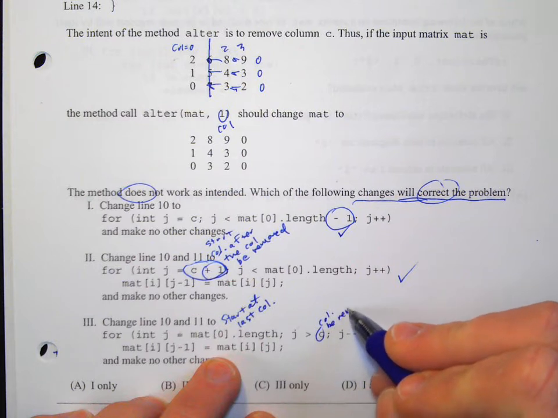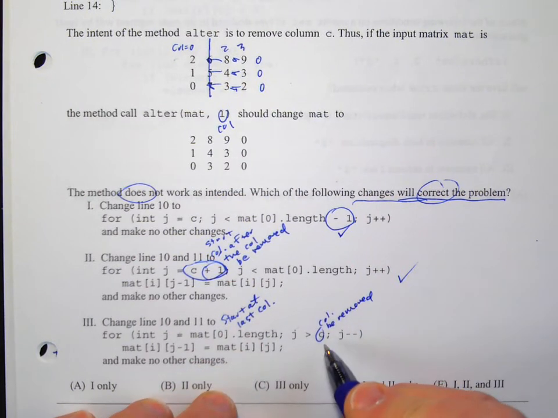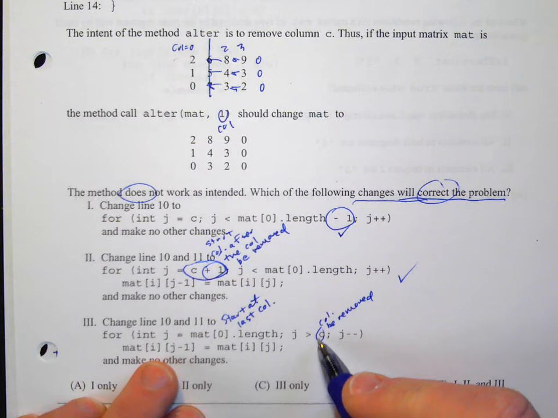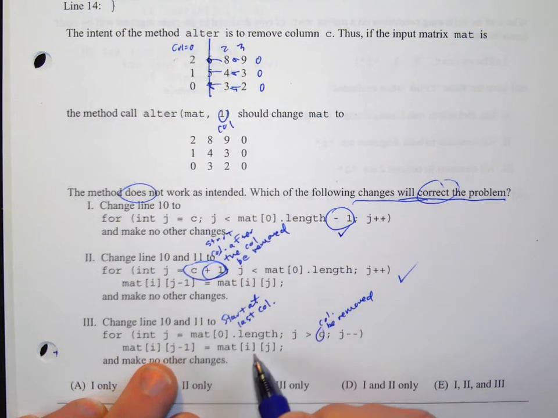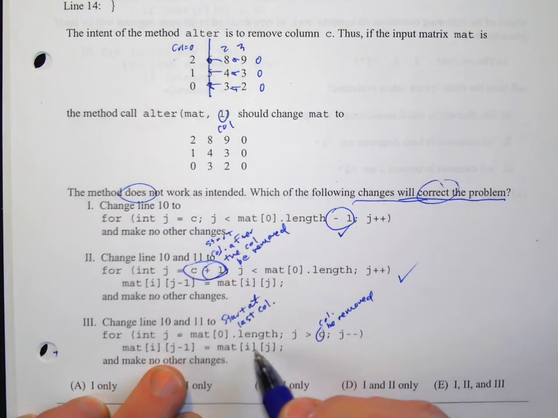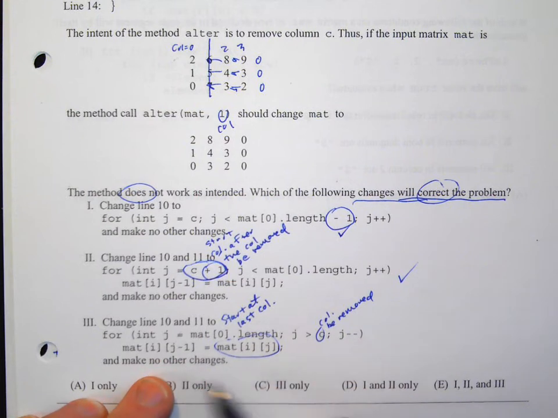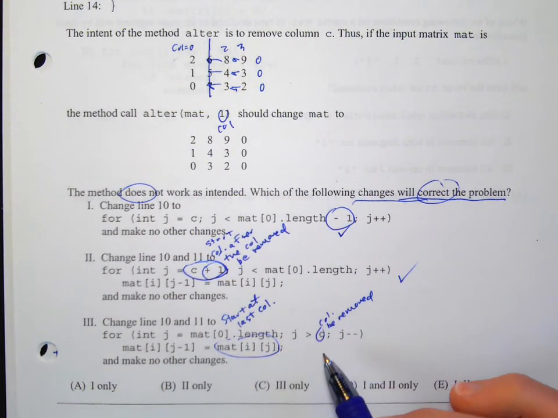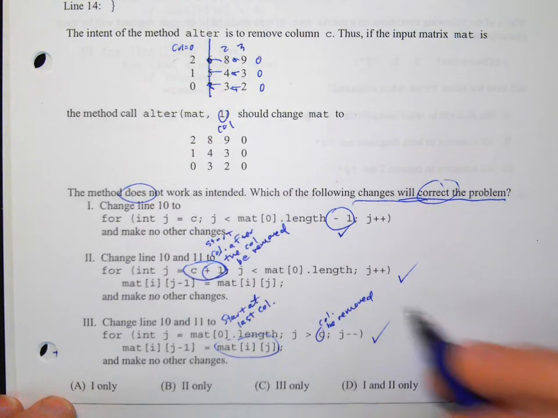So we're not going to actually get to the column to be removed with our J value. But this kind of does something similar to the last one. It says we'll take the previous value, put the current one into the previous one, and then on and on. And that would also work. So I think all three of them.